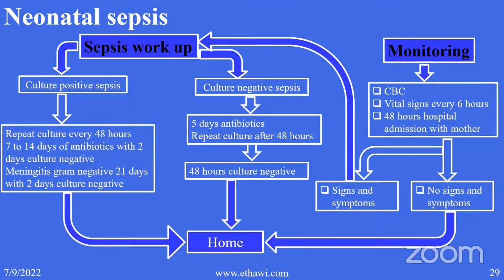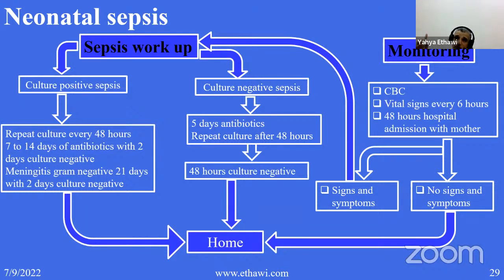So we can stop antibiotics after 48 hours if the culture is negative. If the culture is negative by 24 hours, the yield is 50%. So by 24 hours, if the culture is negative, there is 50% chance you still have positive bacteria.